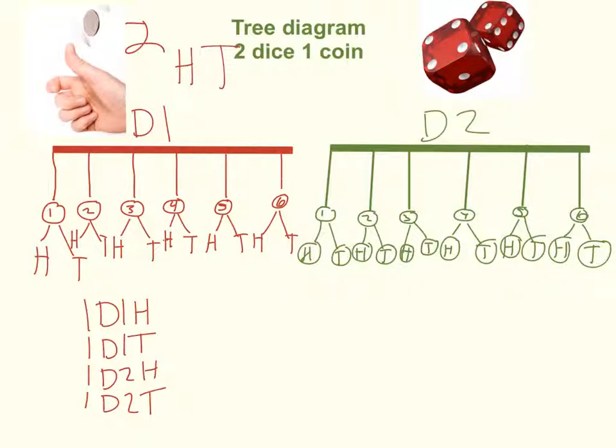I would do the exact same thing with my second die over here. So 2 die, first side, heads, second die, first side, tails, second die, side 2, heads, second die, side 2, tails, and so on until I get down to 6. So let's go to the next slide so I can show you what it will look like when you are done.